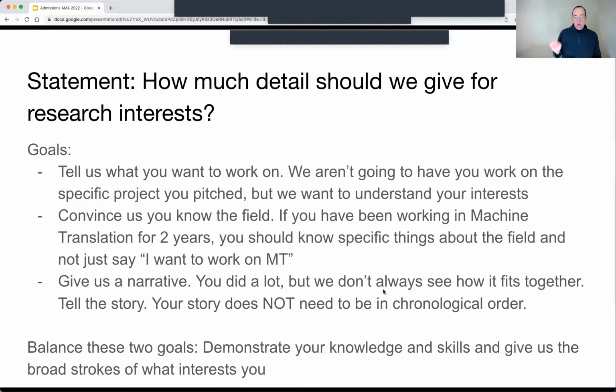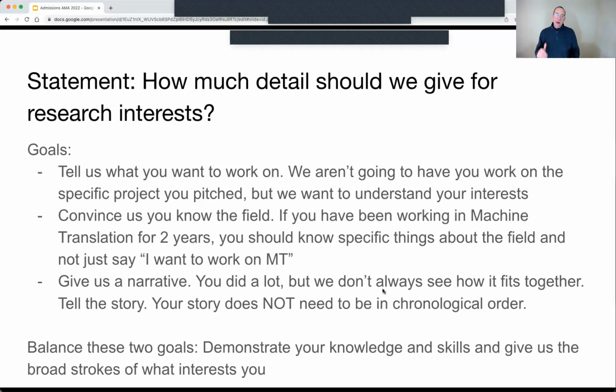That is important. Your story does not need to be in chronological order. Most statements I read are in chronological order. It starts off with undergrad, and then does the first research project in undergrad, and then does the internship, and then does their senior year project, and then does what they're doing now, right? That's fine. You can totally do that. You don't have to.